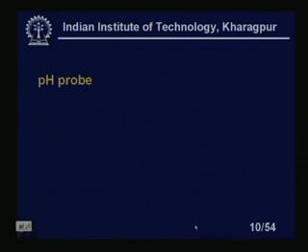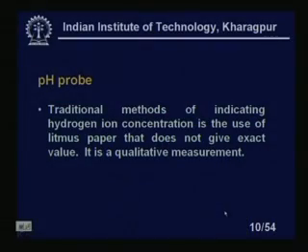Now, the pH probe. For pH you need a probe, and the details of the probe are to be discussed. The traditional method of indicating hydrogen ion concentration is the use of litmus paper. You have seen this in the chemistry laboratory, where people use litmus paper to know whether the solution is acidic or alkaline. But this is a very qualitative method of measurement. It will not tell you how strongly acidic or alkaline it is.